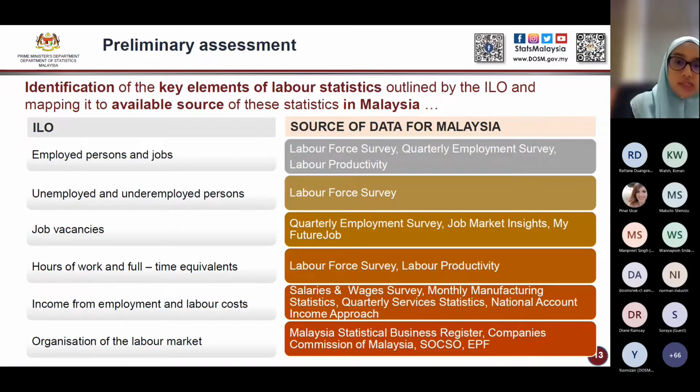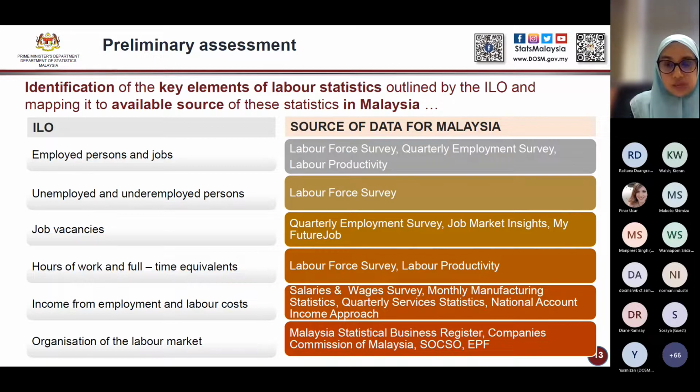For employed persons and jobs, beyond the labor force survey, quarterly employment survey, and labor productivity, there are actually administrative data sources that can provide a more comprehensive picture without doing a survey. Then unemployed and underemployed can partly be addressed through employment insurance statistics.